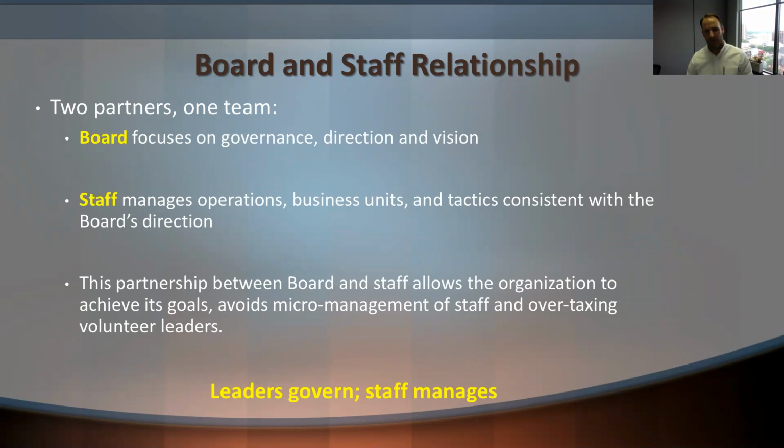The partnership is designed to allow the staff to handle the day-to-day functions, avoid micromanagement from the board, and allows the board to focus on the larger vision of the association.